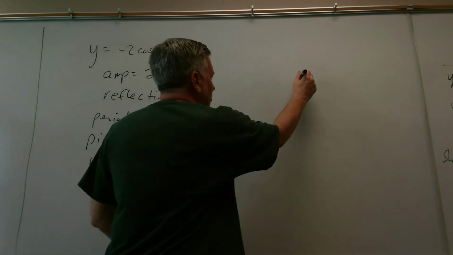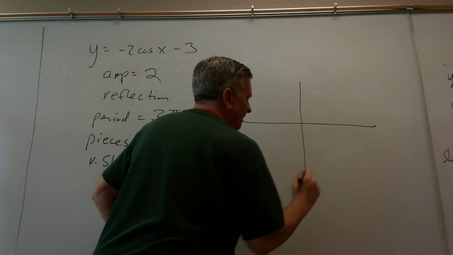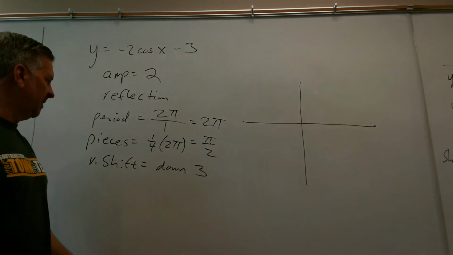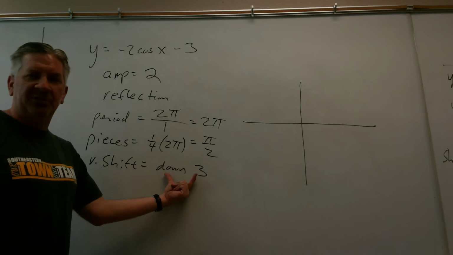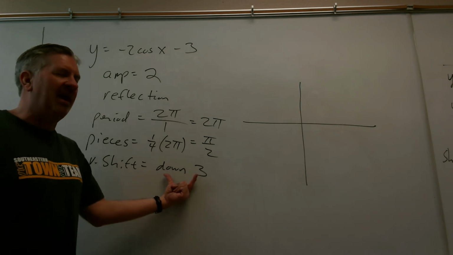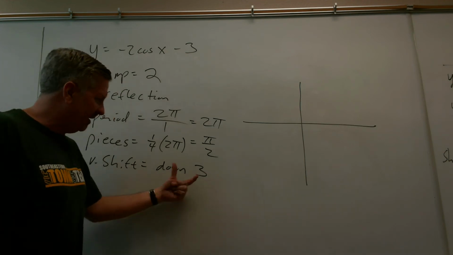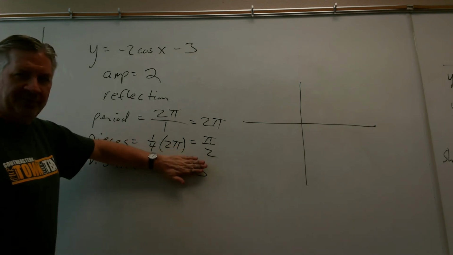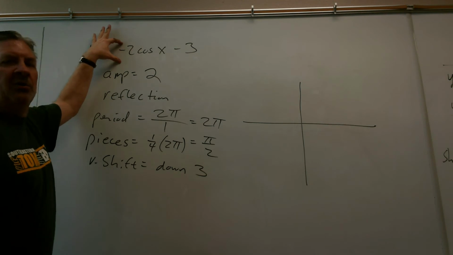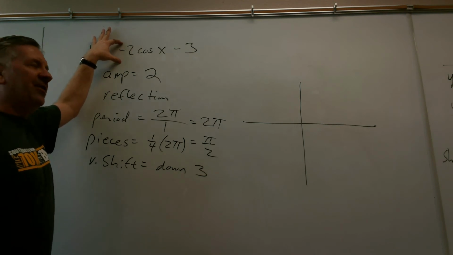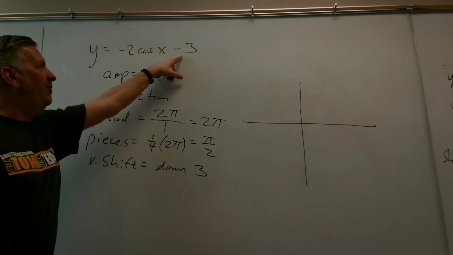Now, I'm going to do the graph in 2 steps here. Just adding this one extra step, I have a tendency to mess it up, and I suspect you will too. I highly, highly, highly recommend you ignore the vertical shift. Do the graph of just minus 2 cosine x first. Then, when you have that graph, move it down 3 units.